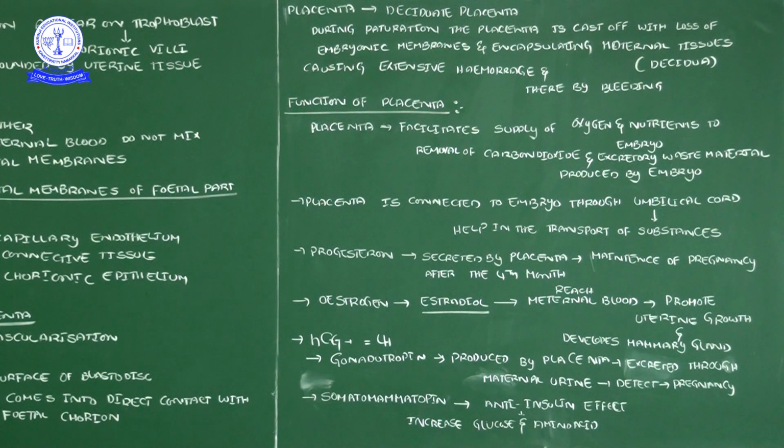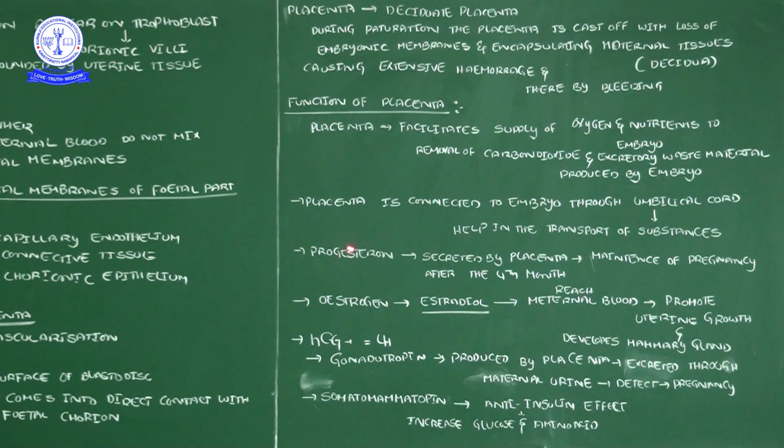In the same way that nutrition and oxygen are taken in through the placenta, by diffusion the carbon dioxide and excretory material will be sent out through the placenta. First it goes into the mother's blood, the carbon dioxide dissolved in the mother's blood, and as usual it will be excreted by the mother's body. So that is one of the functions of the placenta.